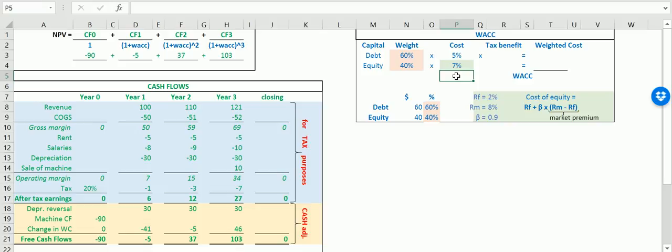Okay. Then we have the famous beta. Let's recall that beta indicates how sensitive an asset is compared to the whole market. So it's a multiplier. It's like your peer evaluation in human resources. So if your beta is 1, it means that your asset behaves exactly like the market. If your beta is higher than 1, it means it's more sensitive than the market.